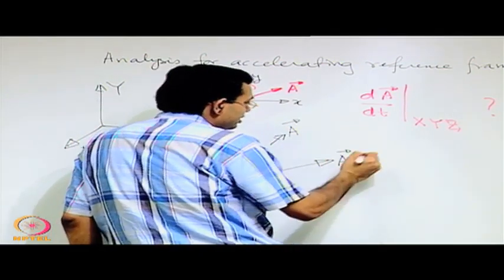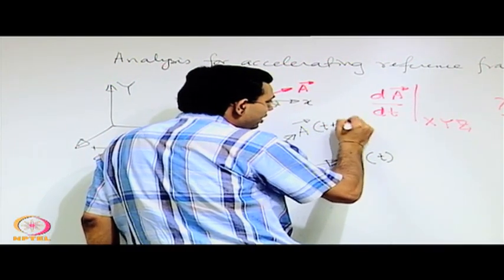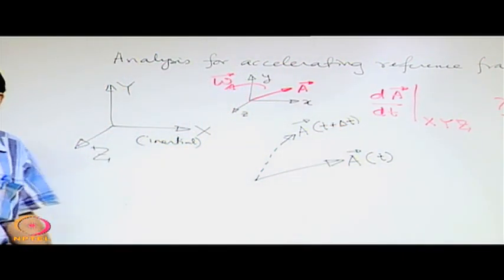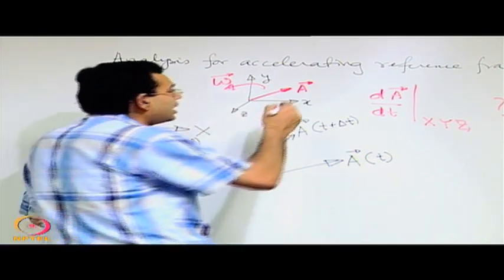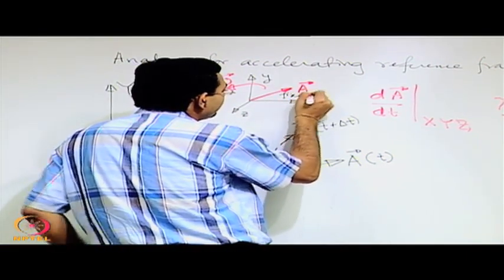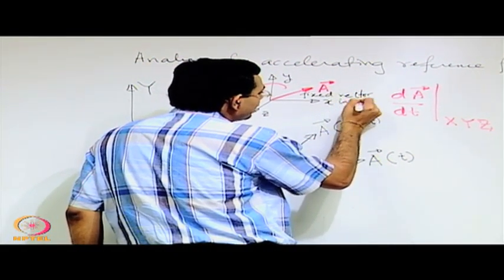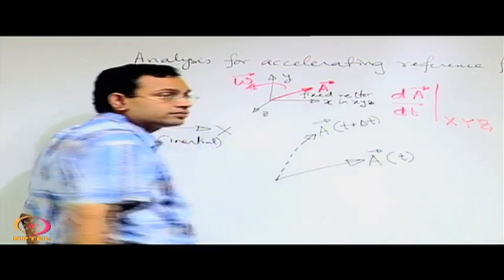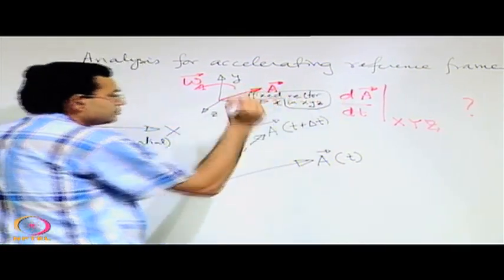location; say this is at time t, it is at time t plus delta t. What we are keeping in mind? We are keeping in mind this is a fixed vector in a moving reference frame. So, this is a fixed vector in xyz, that we have to keep in mind. It is not any arbitrary vector.